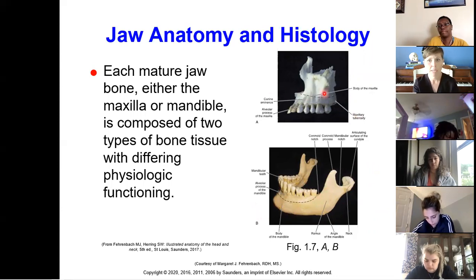And then your body of the maxilla is up here, and then here is your maxillary tuberosity. This is your alveolar process. You can see where this dotted line is. That's your alveolar process of the mandible. Dotted line here, this is your alveolar process of the maxilla. Everybody see that?